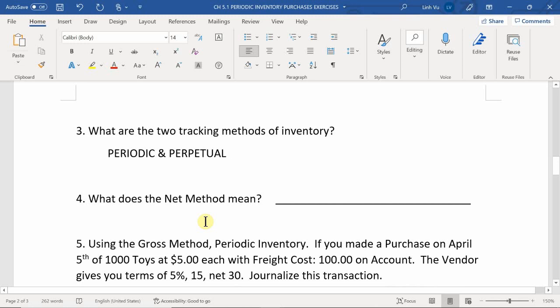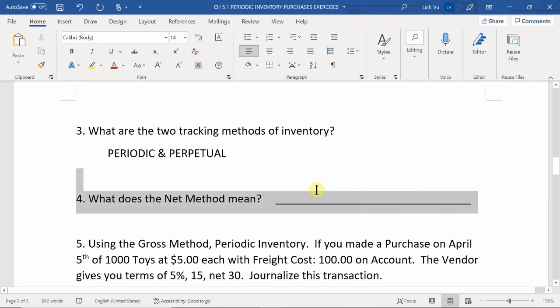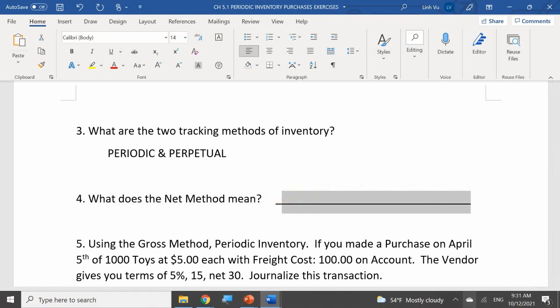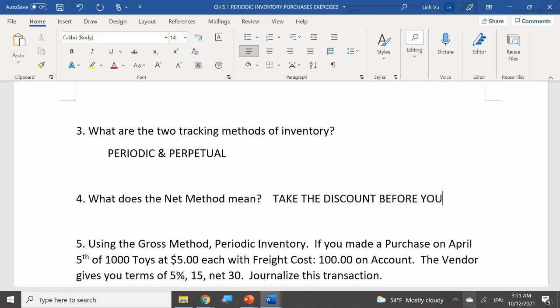So what does net method mean? Doing the discount before paying them. Good. Take the discount before you pay.